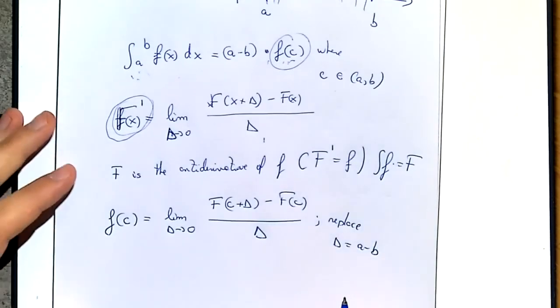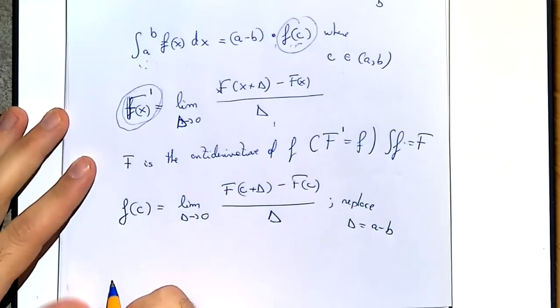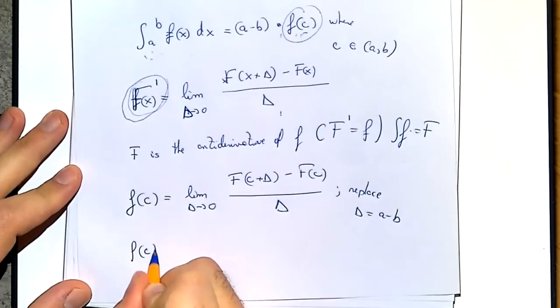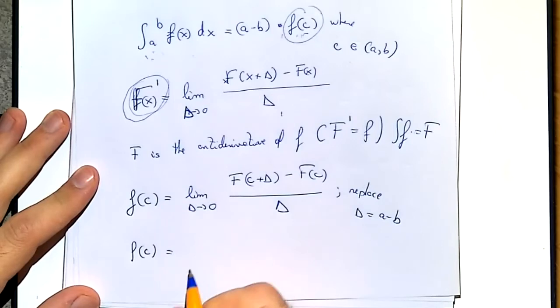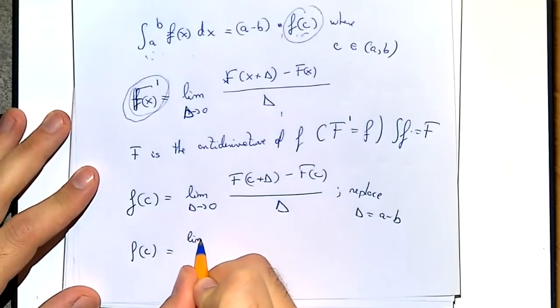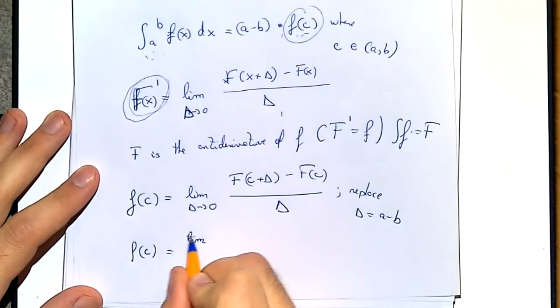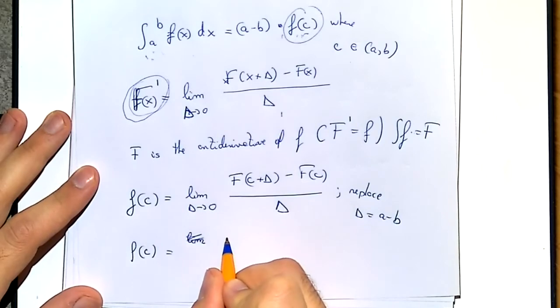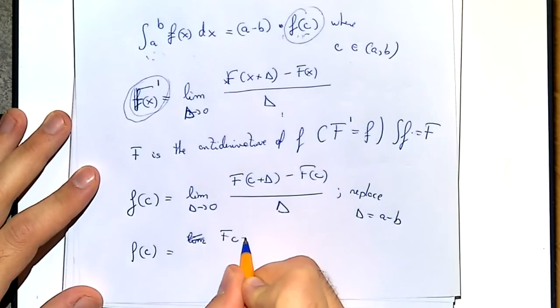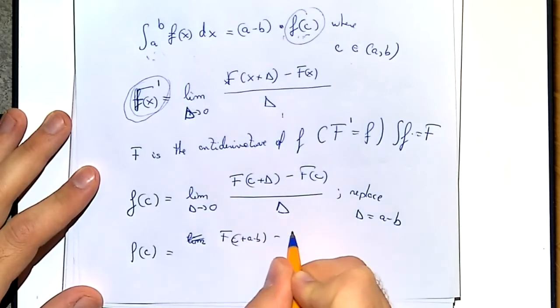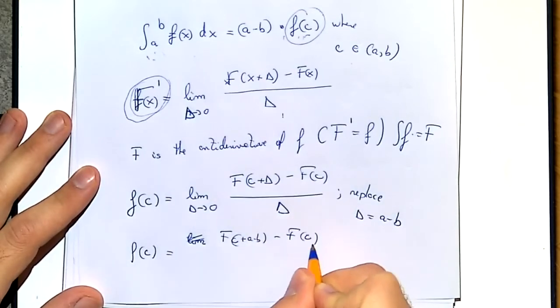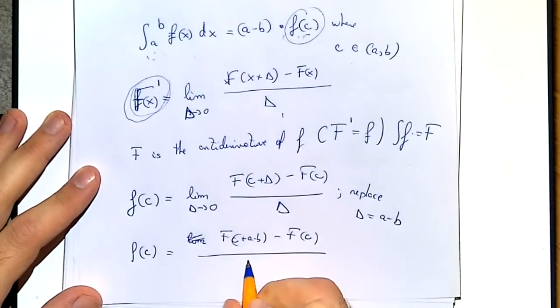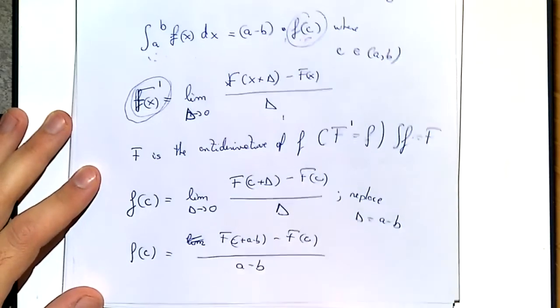So replace delta with a minus b, and I'll get F of c is equal to the limit, I mean, up top F of c plus a minus b minus F of c over a minus b, okay?